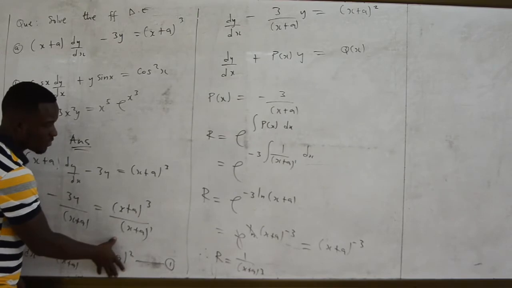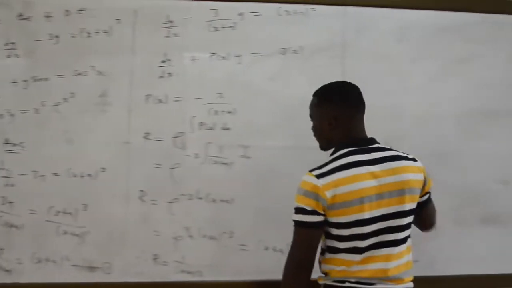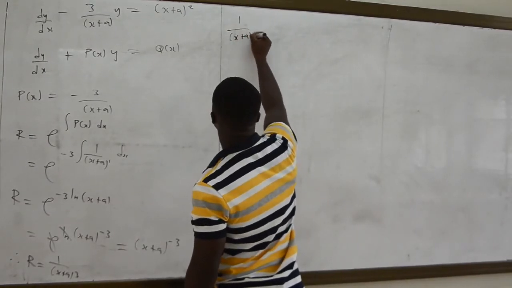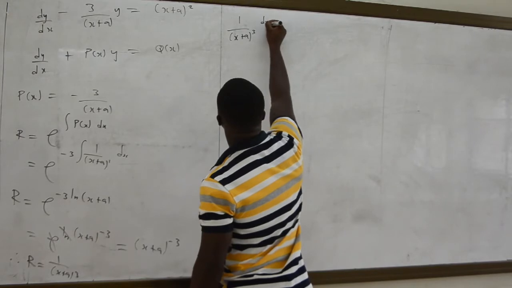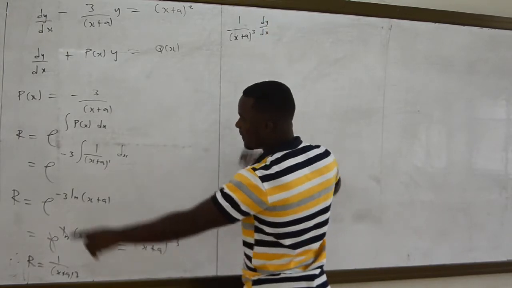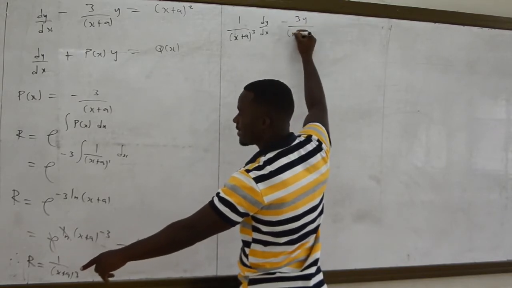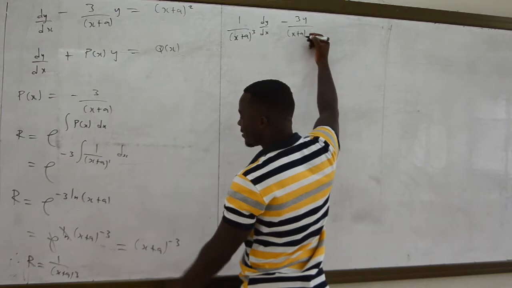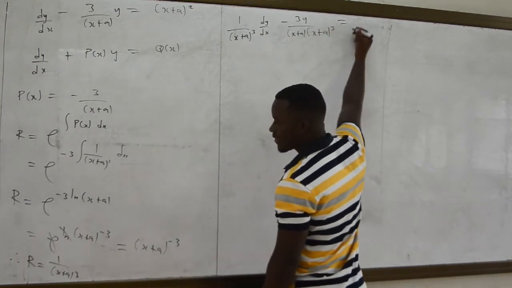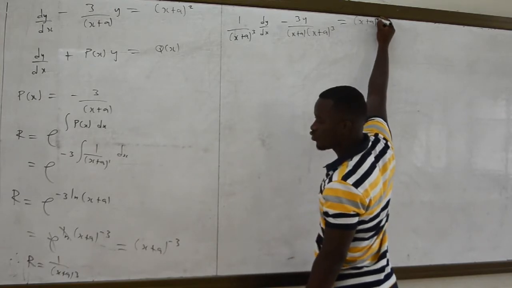I'll have 1 over (x plus a) to the power of 3 times dy/dx, minus 3y over x plus a, then multiplied by the integrating factor, which is (x plus a) to the power of 3, is equal to (x plus a) to the power of 2.